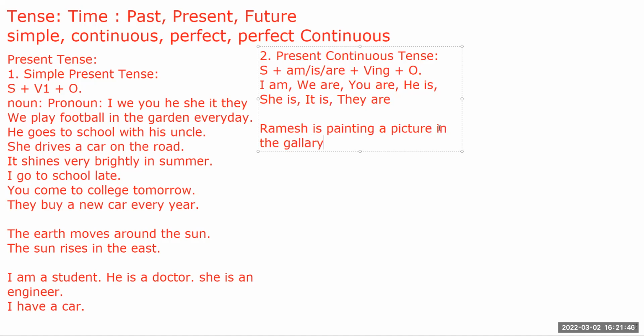Here I used the preposition in, and I added one more noun, the gallery. So that can make your sentence. Then we'll make examples of all these. So with I, I use the pronoun I. So after I, I am using the helping verb am, so you can tell me one verb with ing form. I am.